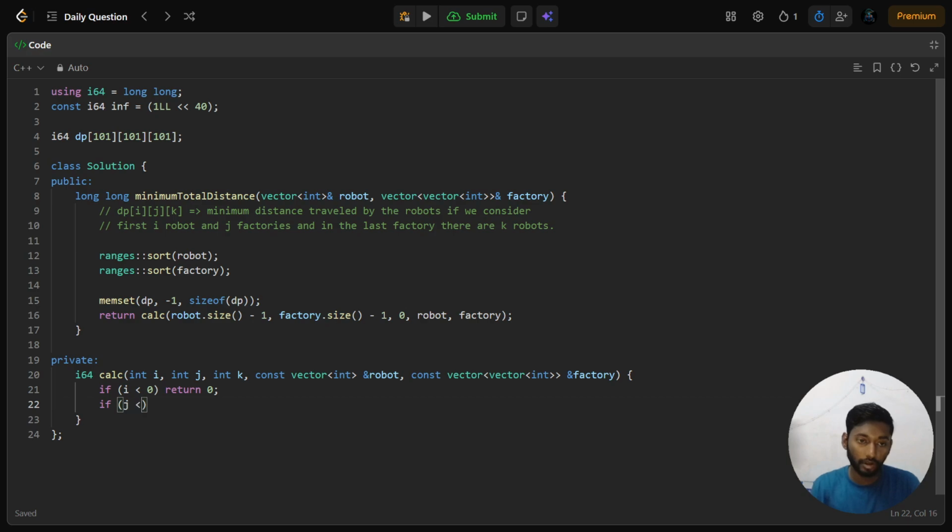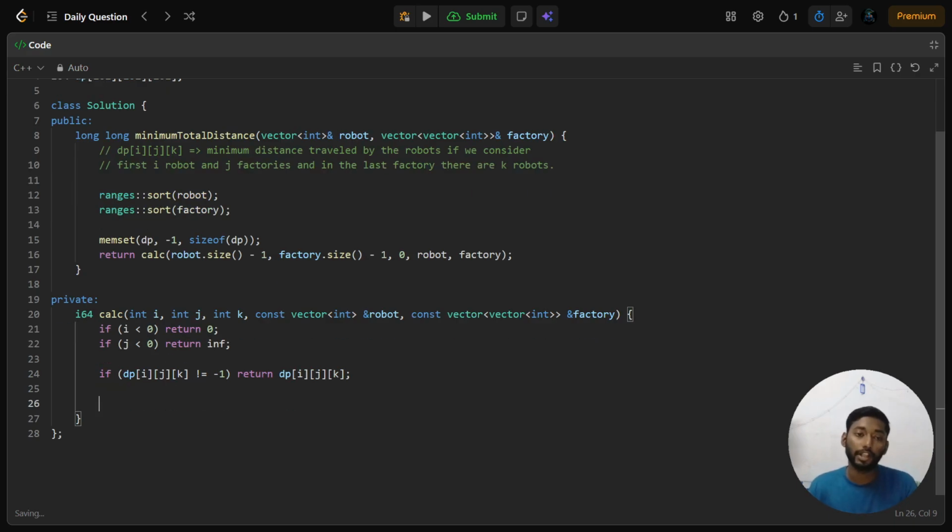And if j is less than 0, it means we don't have a factory, but we definitely have some robot. So it is impossible, so we'll return infinity, like we can't repair that robot. Now the memoization part: if this dp state is already calculated, like dp of ijk is not equal to -1, we will simply return the dp state, a simple memoization technique.